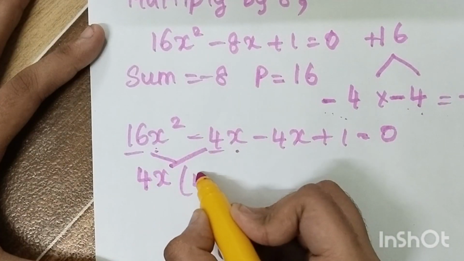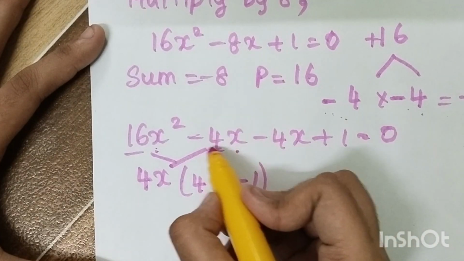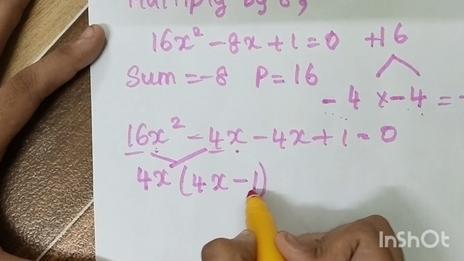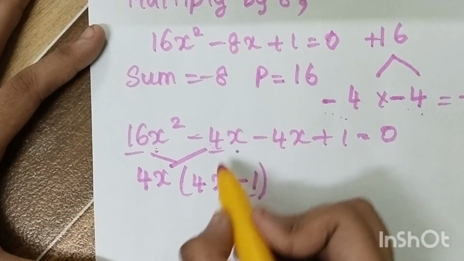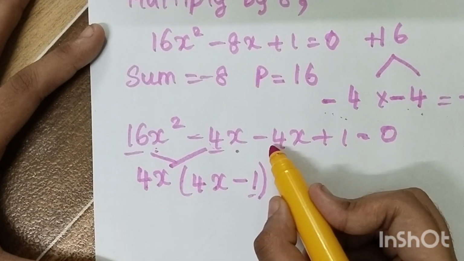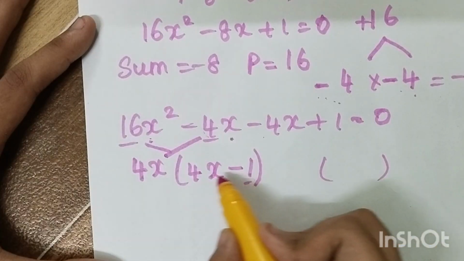So I'll be getting 4x − 1, because the whole 4x I have taken out, so I'll be getting only −1. I can't write it as 0, instead 1. And here I am going to take the minus sign as common out, because both my brackets should be equal, right?